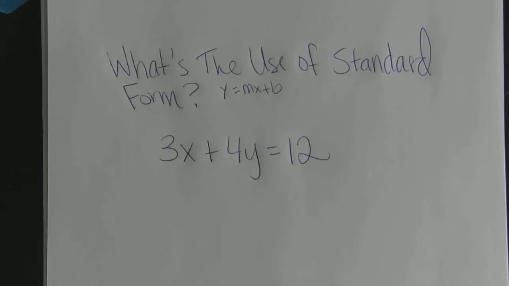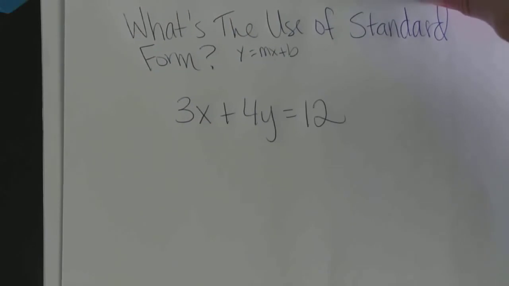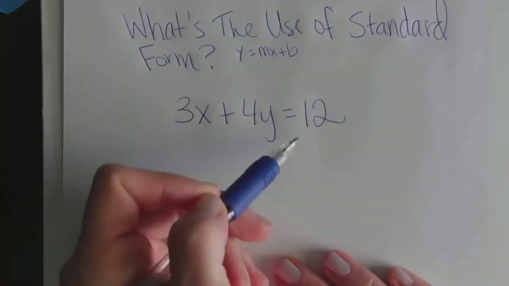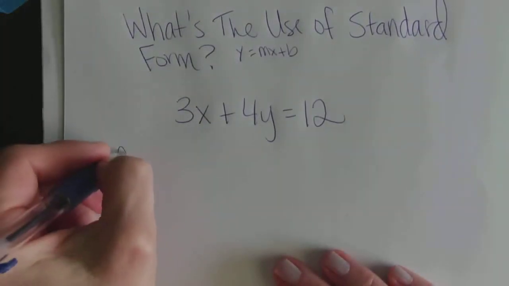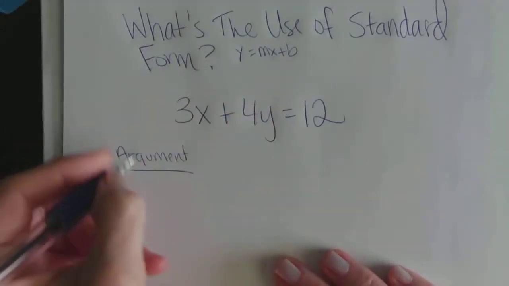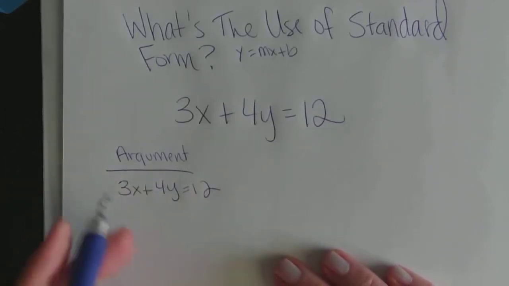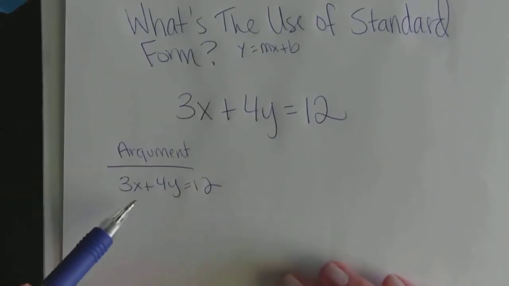Okay, so here's the argument, okay? Coming from an Algebra 1 student's perspective, if they were given standard form, here's the argument. I can just take standard form, 3x plus 4y equals 12. I can turn it back into slope-intercept form and be on my merry way.